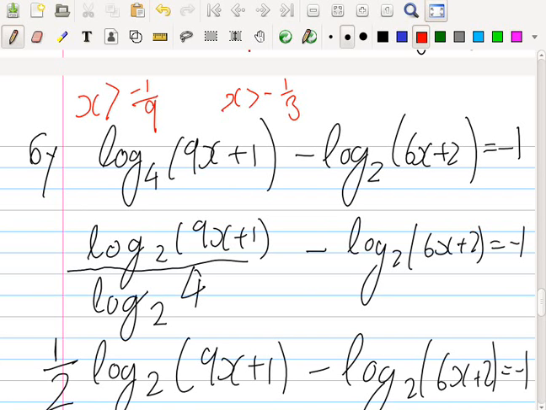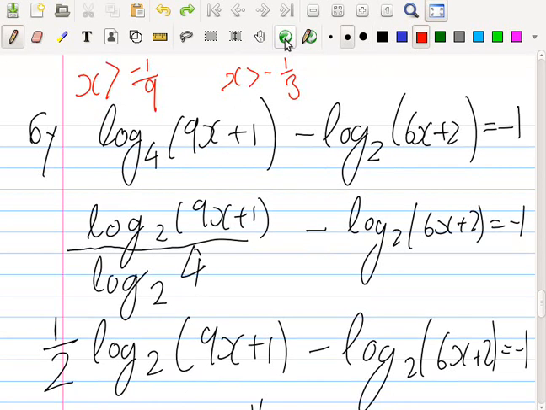I just said 9x plus 1 must be more than 0, you're talking about this part here? Rewriting that gives you this here. And then likewise for that, gives me that one.